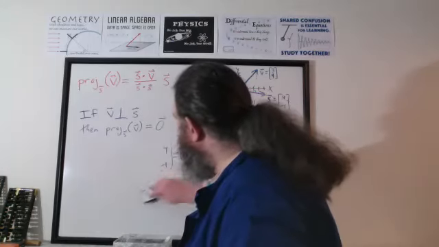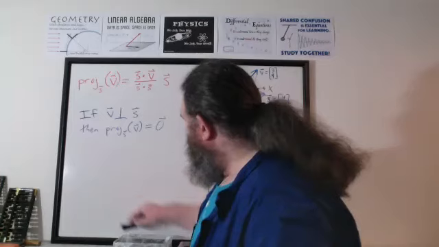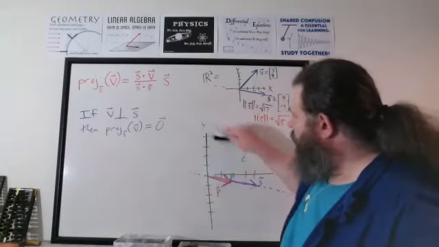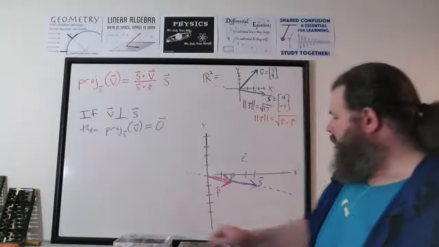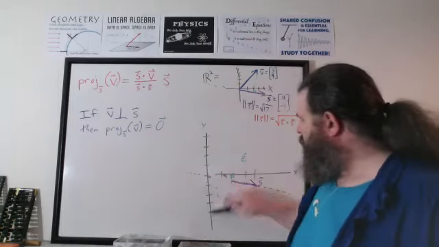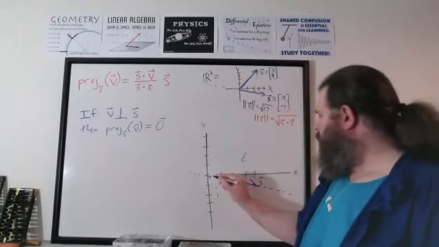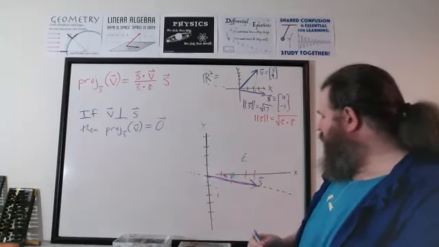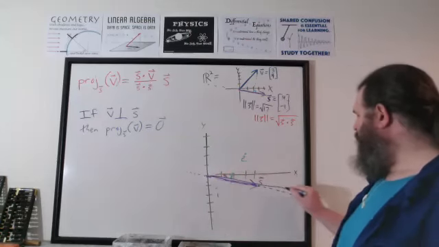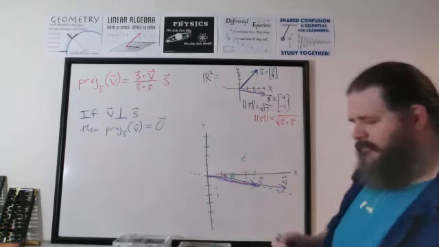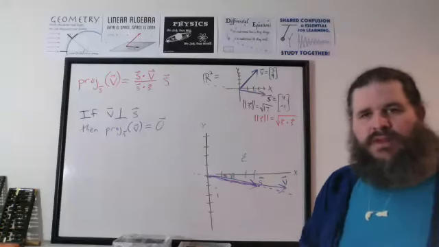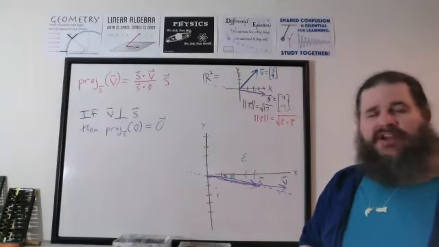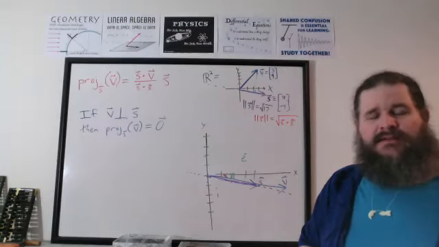And another important result here, what would happen if vector v is already part of the surface we're talking about? Like, let's say vector v is already in the same direction as s. Geometrically, what would you expect the projection of v onto s to look like?